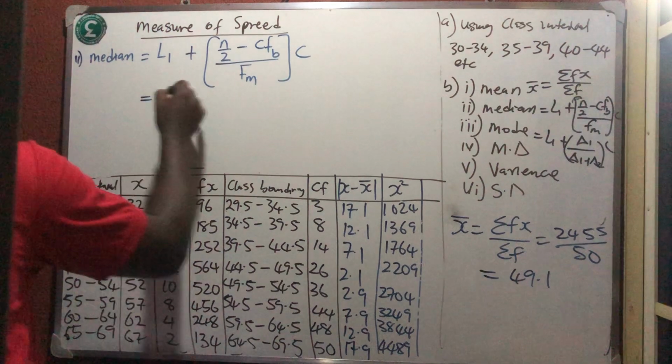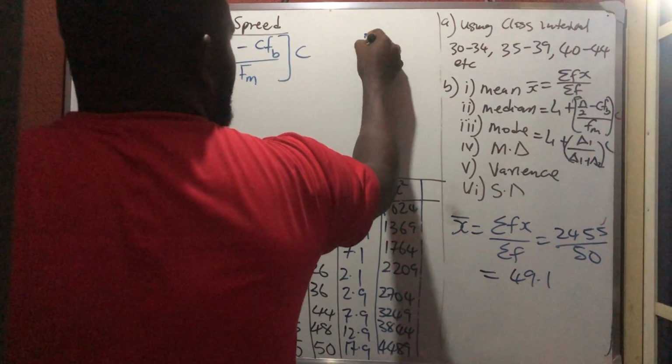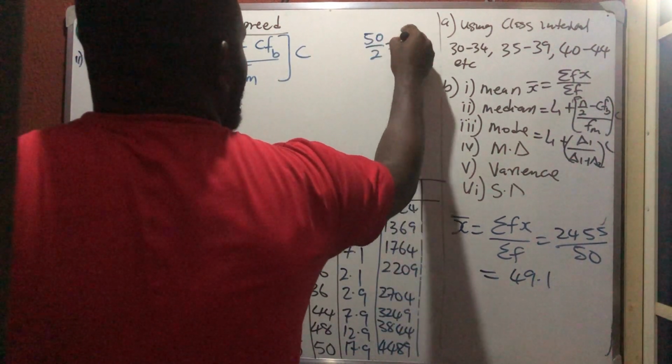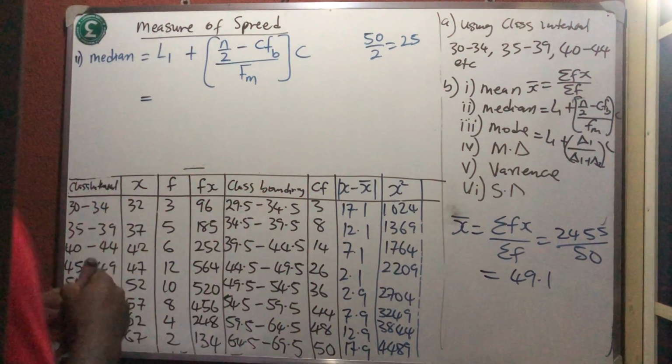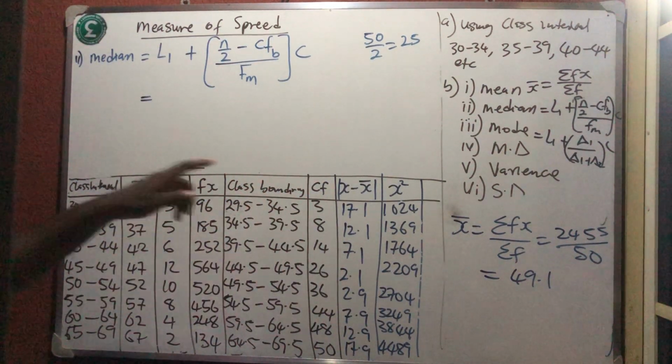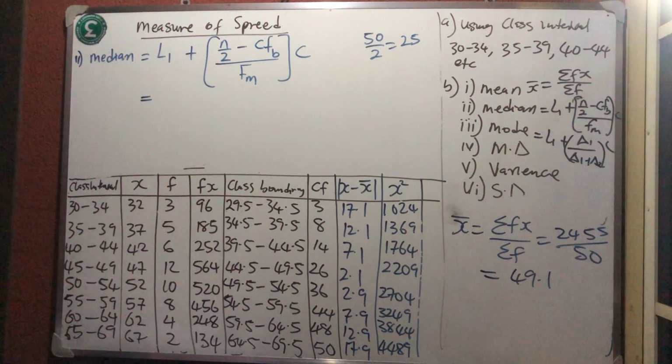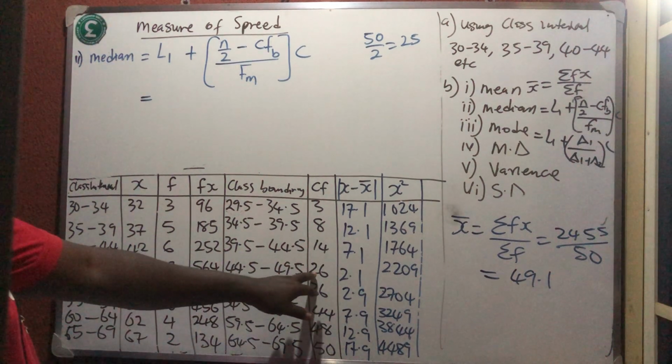So first of all we need to get the middle, that is the total frequency 50 divided by 2, which is 25. So it will fall at 25. You go to the cumulative frequency and look where 25 will fall. 25 will fall at this 26.